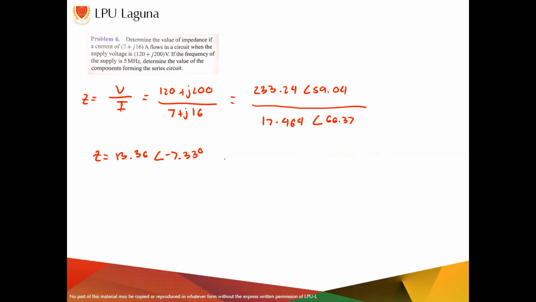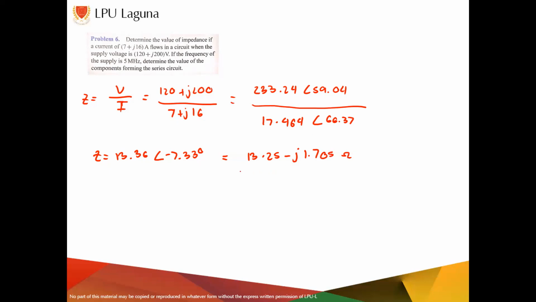Naka-polar. Convert natin siya into rectangular para makuha natin yung mga components. Pag convert natin siya, magiging siyang 13.25 minus j1.705 ohms.